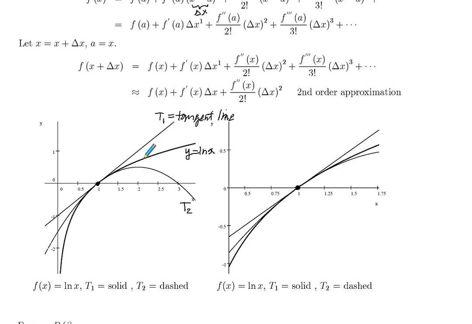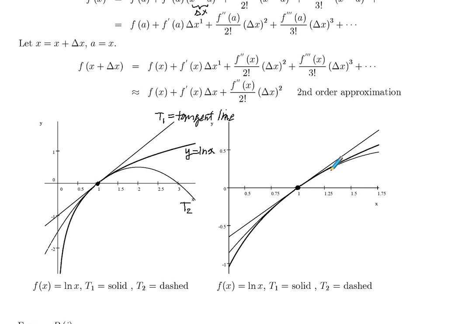However, if we use the second order approximation, T2, we get a better estimate. Notice here that T2 is below T1. That is, the quadratic approximation is below the linear approximation. So it went in the right direction, so to speak.